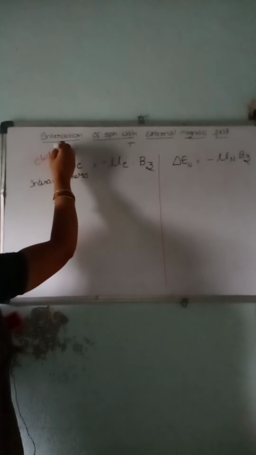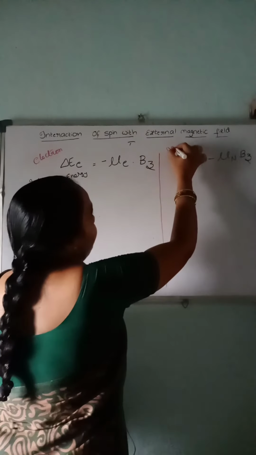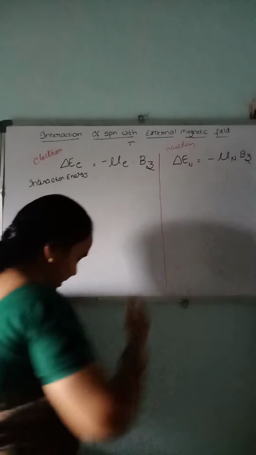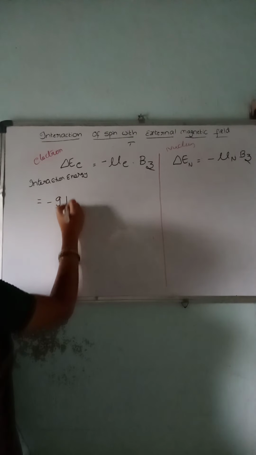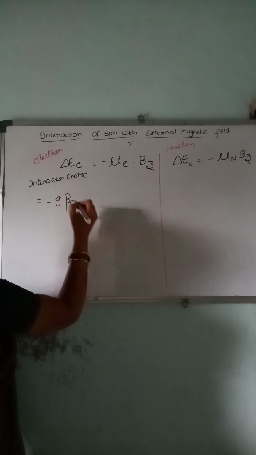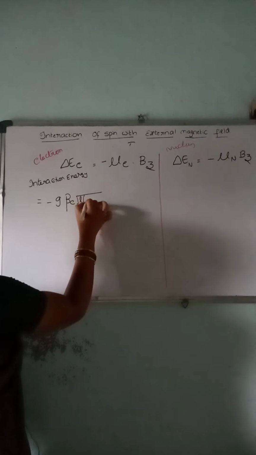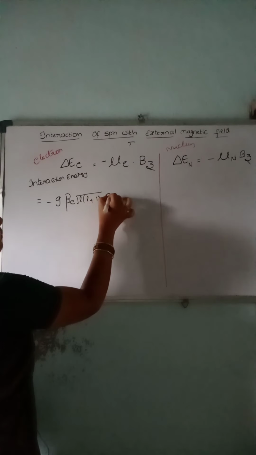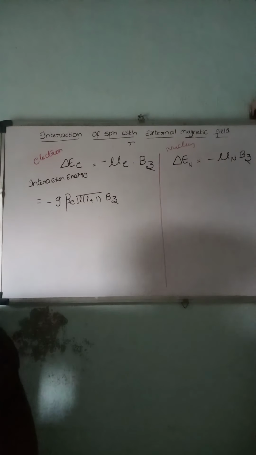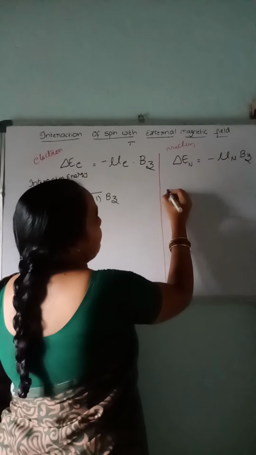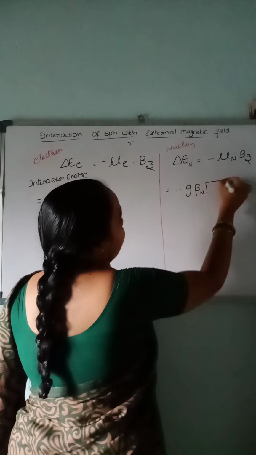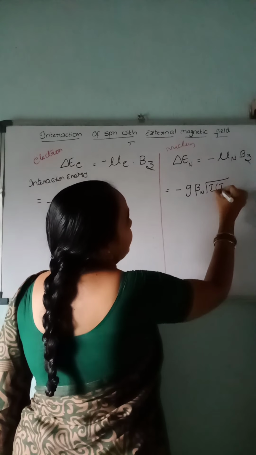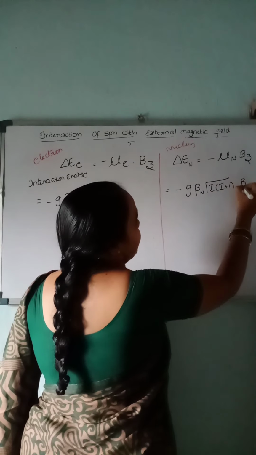This is the interaction energy for the electron, and this is the interaction energy for the nucleus. So what is mu e? We have already calculated it: minus g beta e root of L into L plus 1 Bz. And the interaction energy for the nucleus is minus g beta n root of I into I plus 1 Bz.